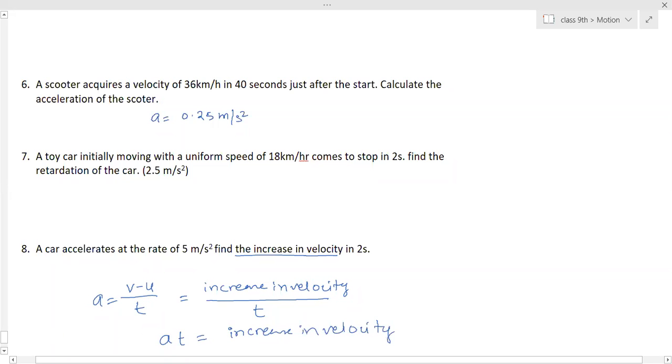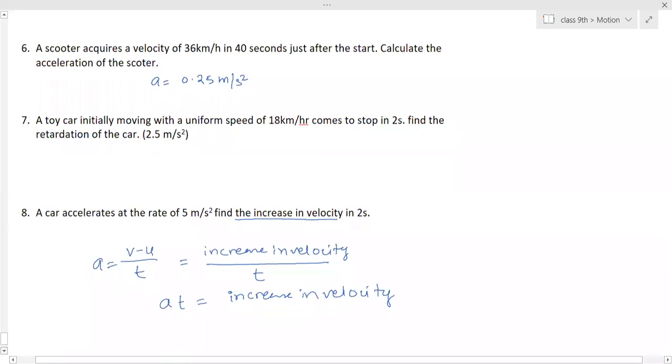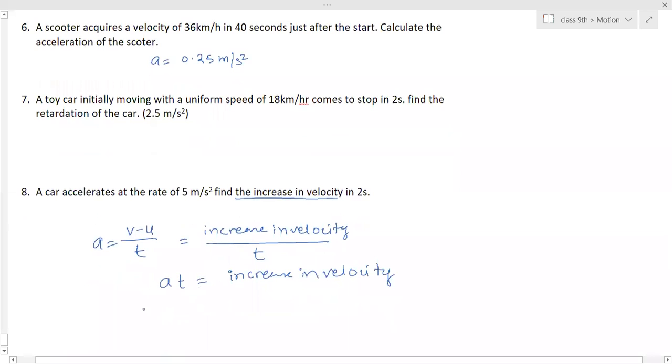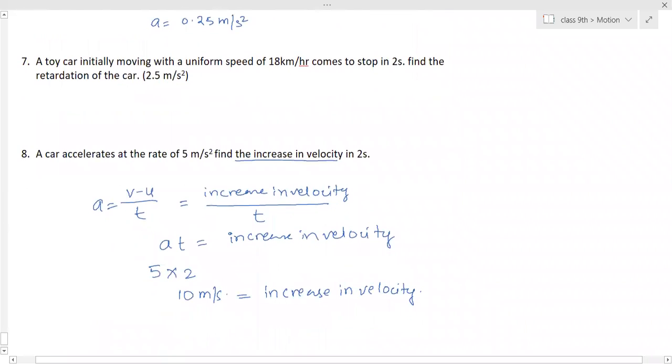They have not asked to find out the two velocities separately. They are asking only the difference in velocities. A is 5 and T is 2. That is 10 meter per second is the increase in velocity. That's right.